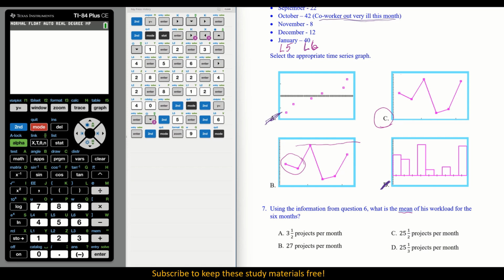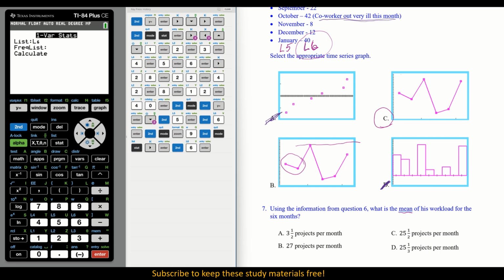And I'll tell you how to do it quick. You could take those and divide them. Don't bother. Just push stat, go over to calc, see where it says 1-Var Stats, push enter. And we need the information just from L6. So second 6 for that L6, push enter.